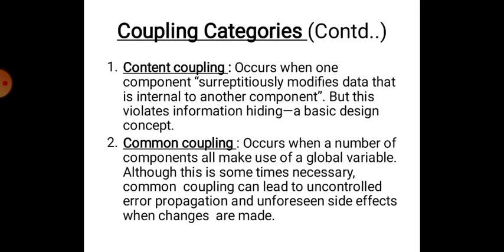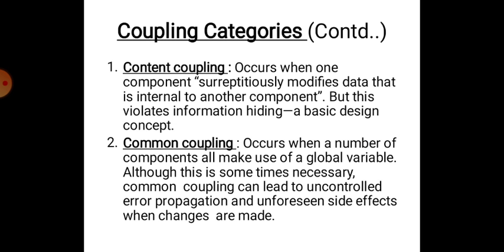occurs when one component surreptitiously modifies data that is internal to another component, but this violates information hiding, a basic design concept. Students, you have studied what is information hiding.